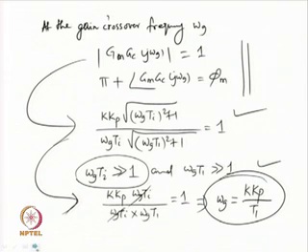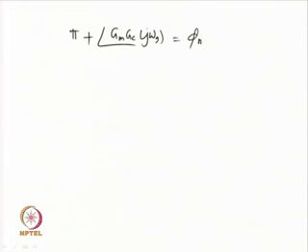Now coming to the condition on the phase angles, we know that pi plus the angle of G M G C at j omega g is equal to the phase margin phi m. This is by definition of the phase margin.